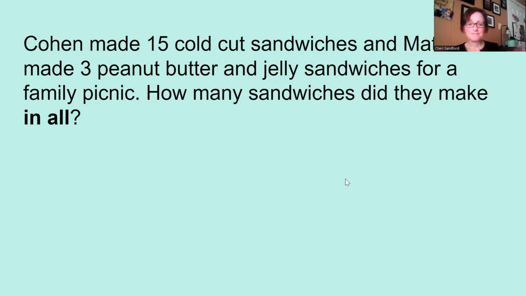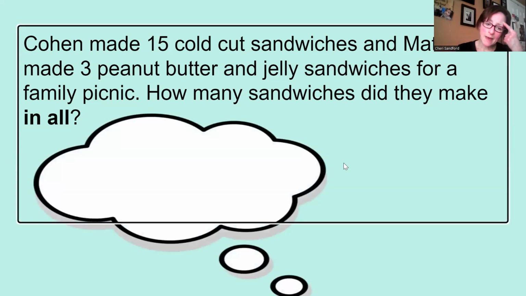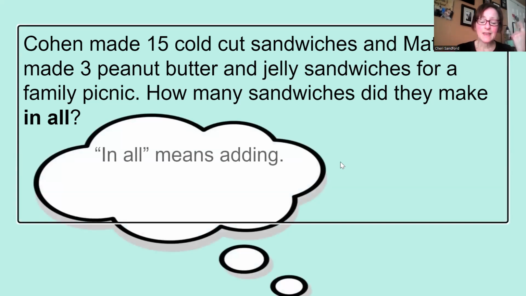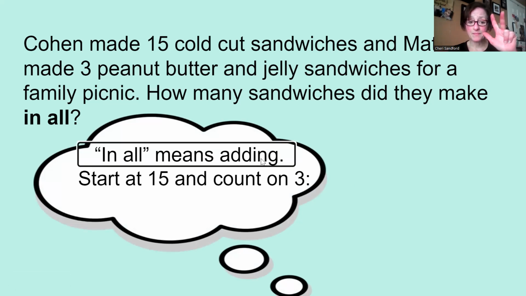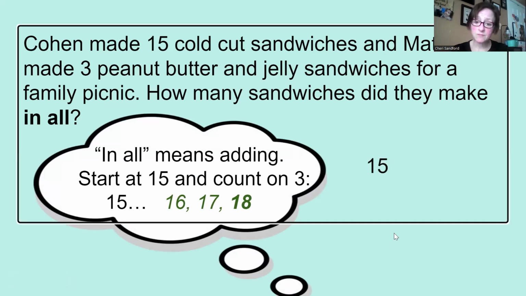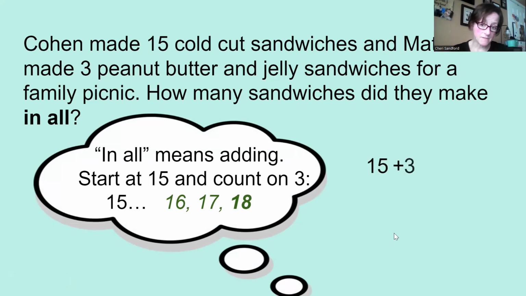So, let's think about that. In all means adding. I'm going to start with my first number, which is 15. And then I'm going to count on 3 more, guys. Ready? 15, 16, 17, 18. I land on 18. So 15 plus 3 equals 18.